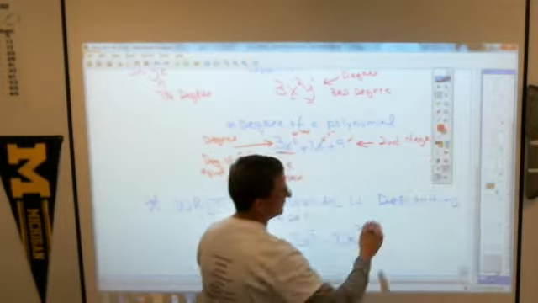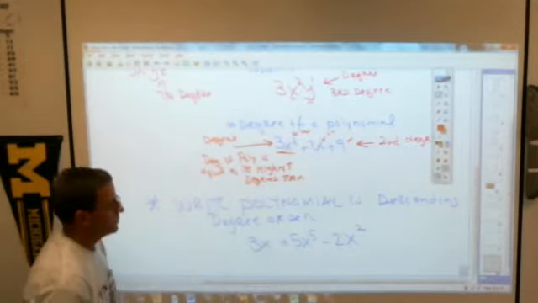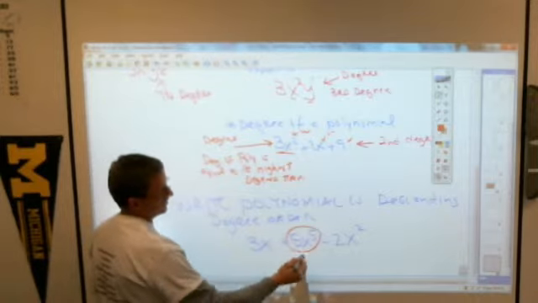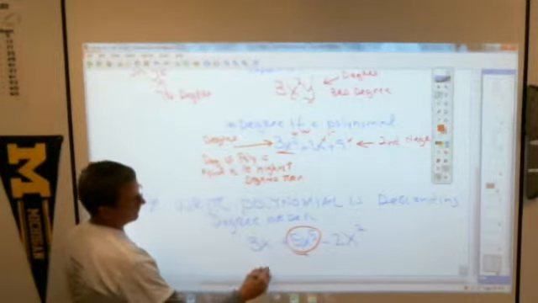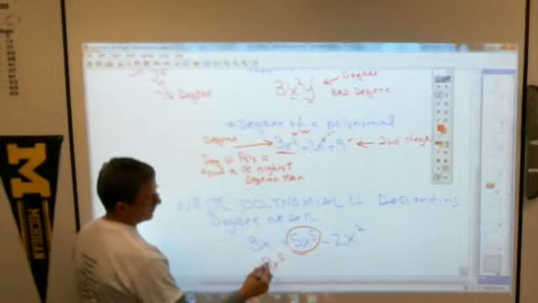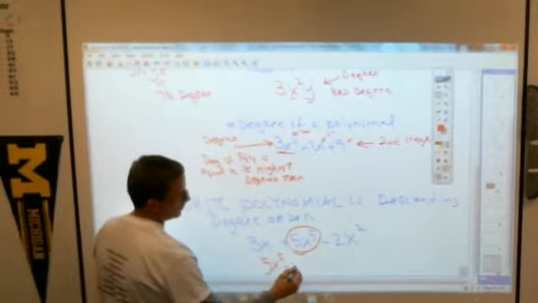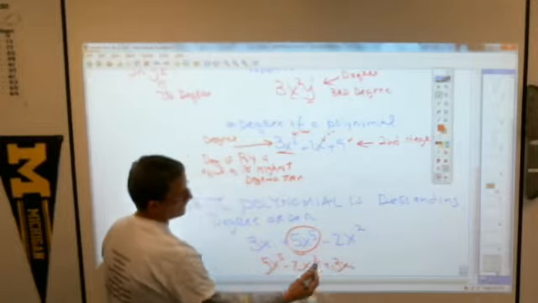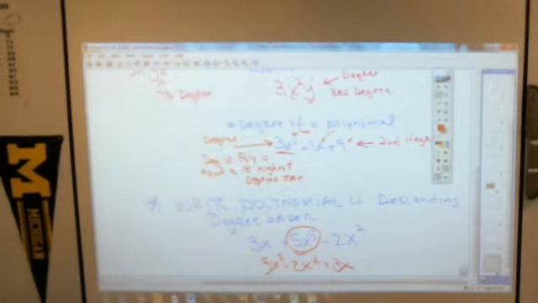Not that it's wrong not to, but just for consistency's sake, you put the term that has the highest exponents first. So really I should write this as 5x to the 5th first, and then the minus 2x squared, and then the 3x. And it's all good. Wow. Who came up with that?